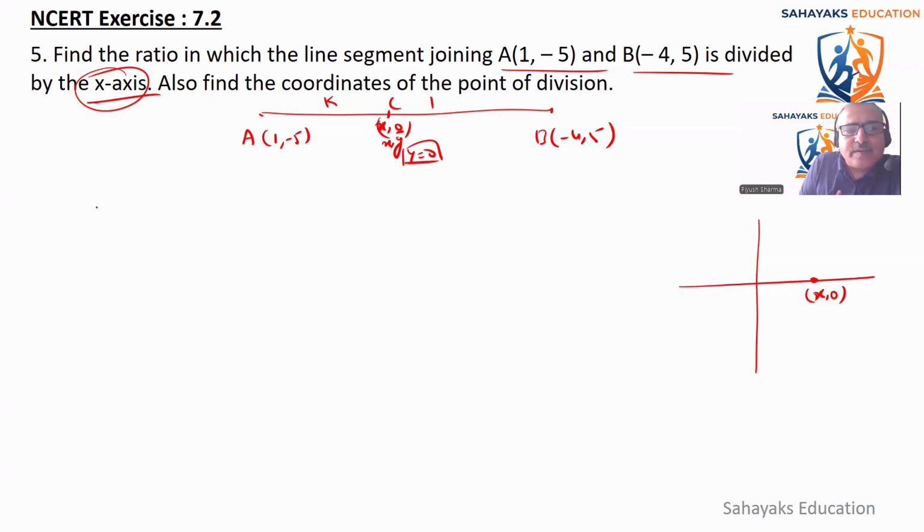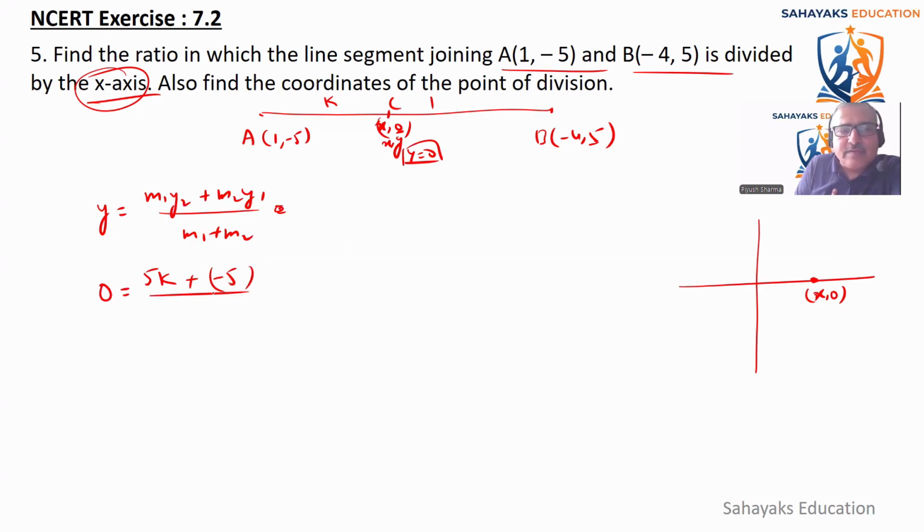So I'll just say y is equal to (m1 y2 + m2 y1) divided by (m1 + m2). So we'll put the values here. So 0 is equal to k into y2, that is 5, or let's say 5k, plus m2, m2 is 1, 1 into -5. So it is -5, divided by m1 plus m2, that is k plus 1.